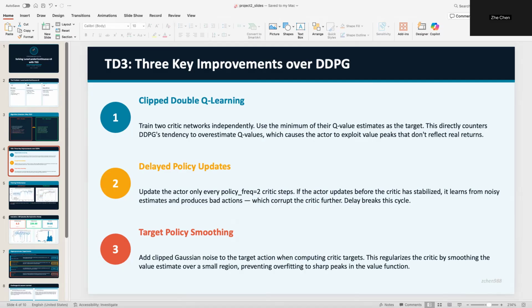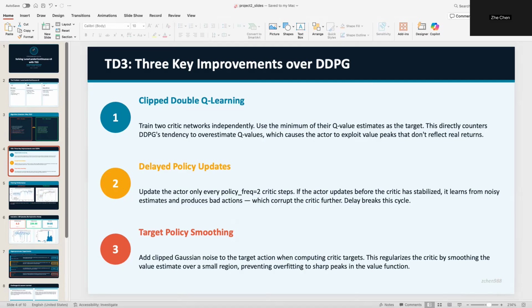This reduces the overestimation of Q values. The second one is delayed policy updates. The actor network is updated less frequently than the critics, which allows the critics to stabilize a little before the actor changes the policy.